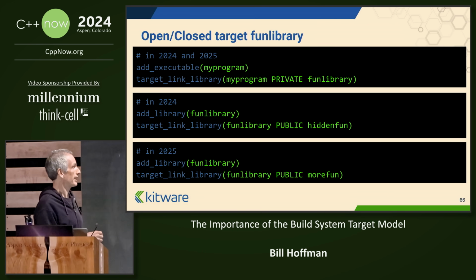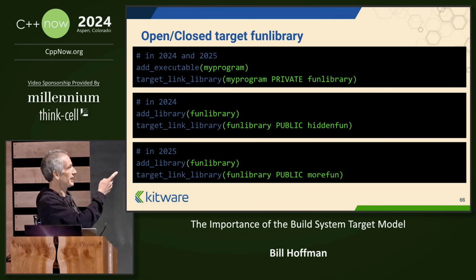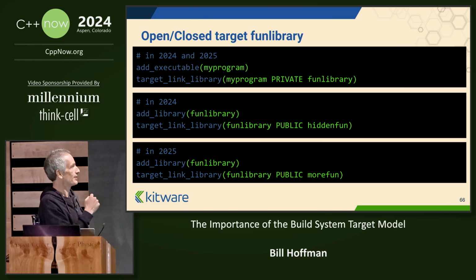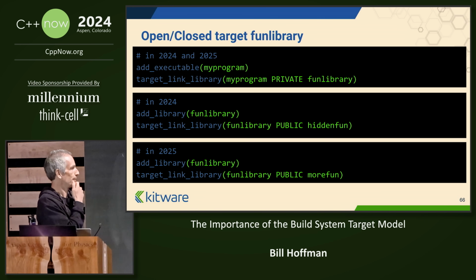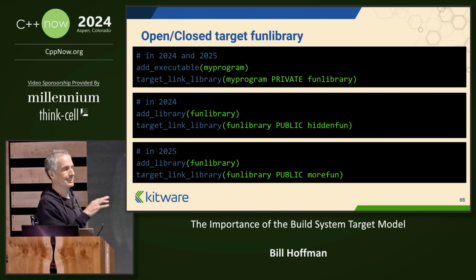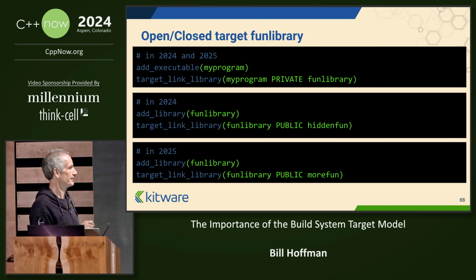So I contrived a little example here. Let's say in 2024 and 2025, I can say target link library, my program to some fun library. In 2024, the fun library says I've got a public library that I link to called Hidden Fun. In 2025, they're like, that Hidden Fun thing, I don't really use that anymore. It's no good.